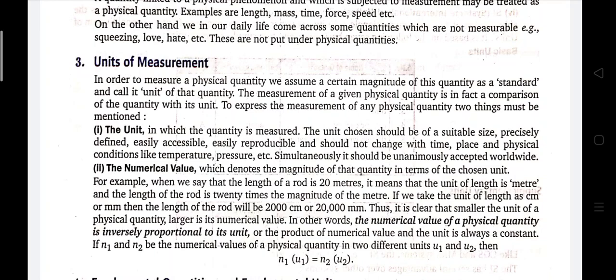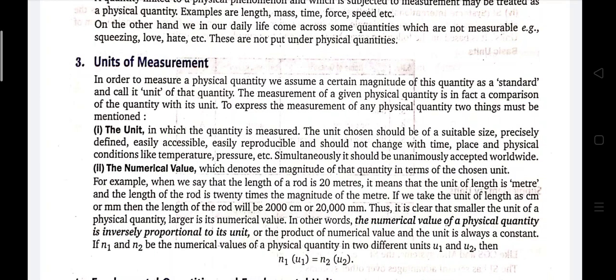Suppose the length is 5 times the length of the meter, then 5 is the magnitude and meter becomes the unit. Similarly, if the mass is 10 times the mass of a kilogram, it becomes 10 kg, where 10 is the magnitude of the quantity and kg is the unit. So any physical quantity, when you talk about any physical quantity, it has got two things.